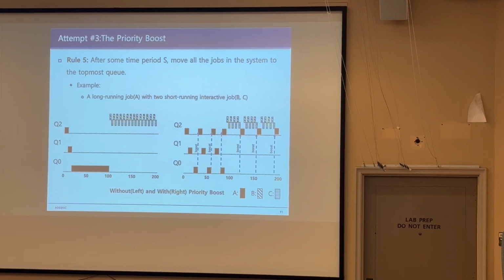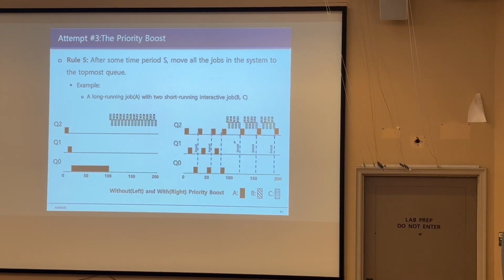Because of that, their priority will always stay in the highest queue, Q2. So that's why the CPU allocation looks like this, starting from this point. When B and C arrive, they will hold the CPU forever because their priority stays in Q2, and job A will never get scheduled. So this starves job A.